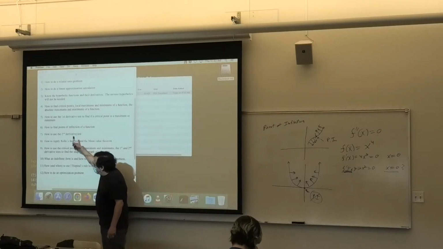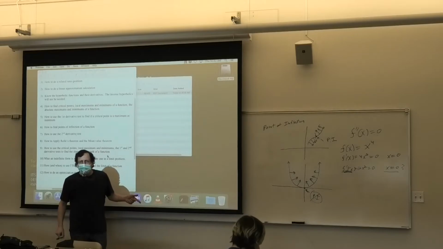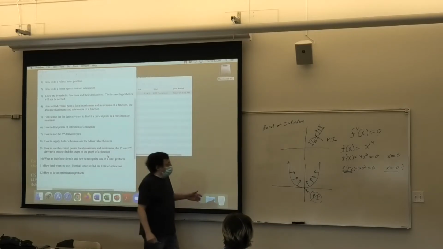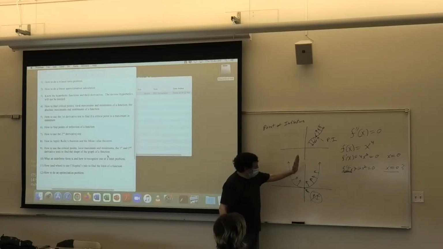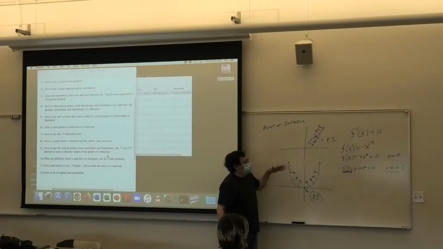How to use the second derivative test. I think we did an example, right? If it's positive, that means the derivative is going from negative to positive. So if you're at the point where your derivative is 0, your second derivative is positive, it's a minimum. And vice versa, if the derivative is, did I do that right?